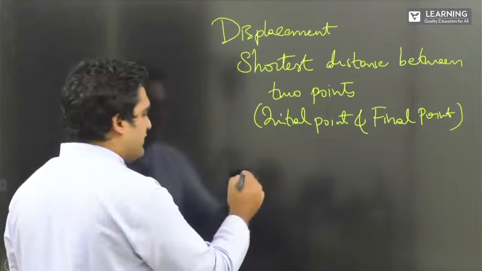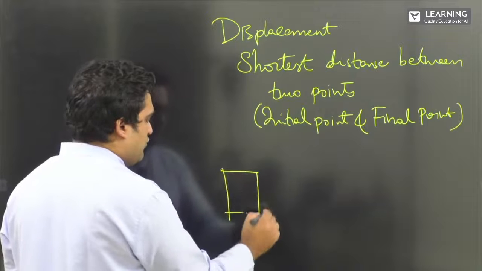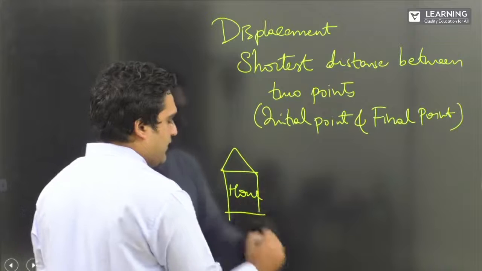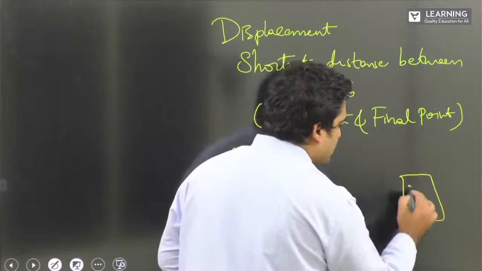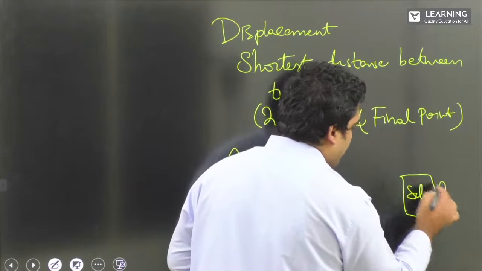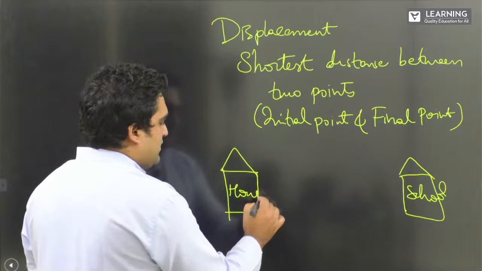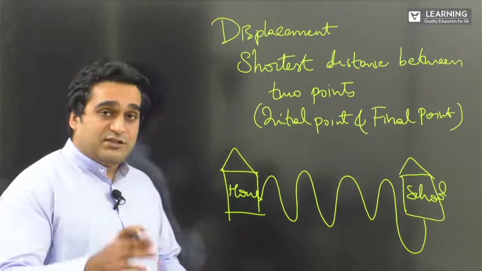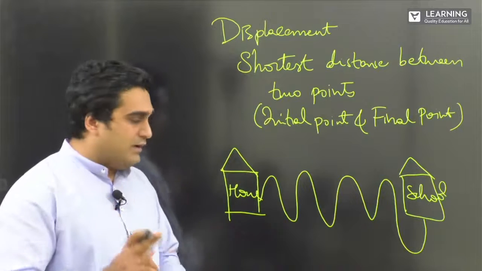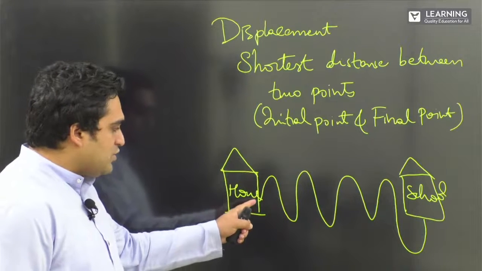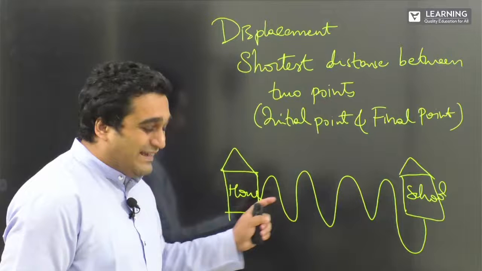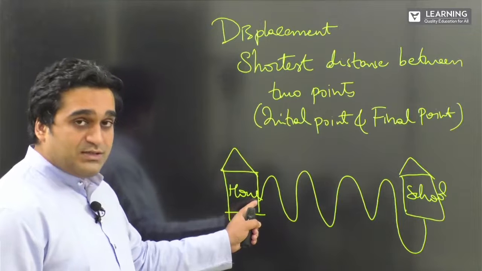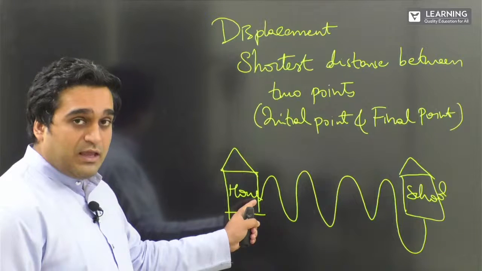Let's have a look at the same example. School and home. So here is home and here is school. Distance is the twists and turns until you finally reach the school. But displacement says otherwise. It is the shortest distance between the two positions, home and school.